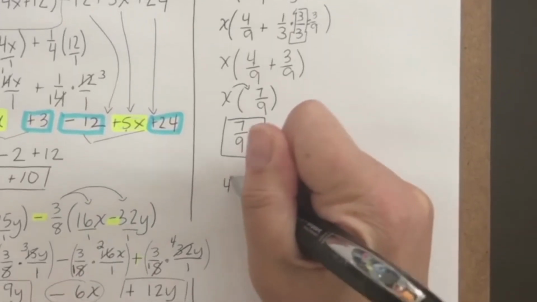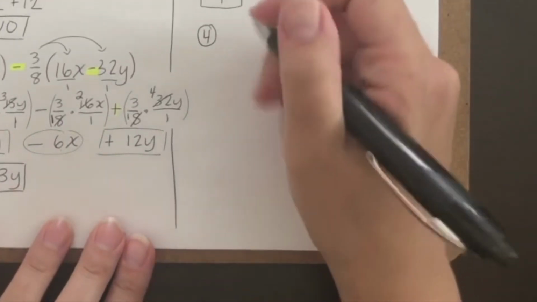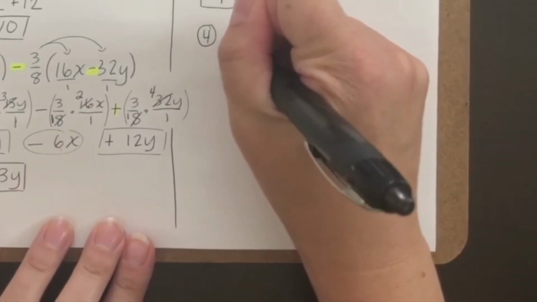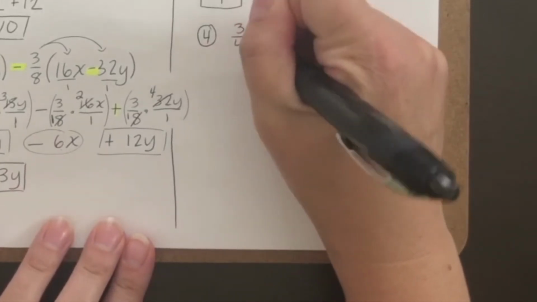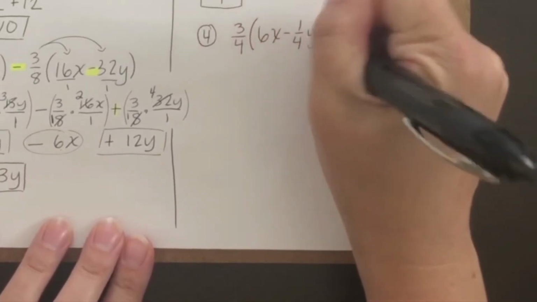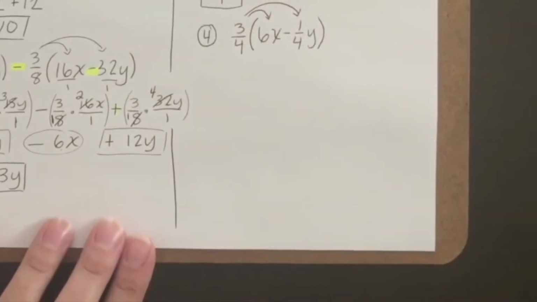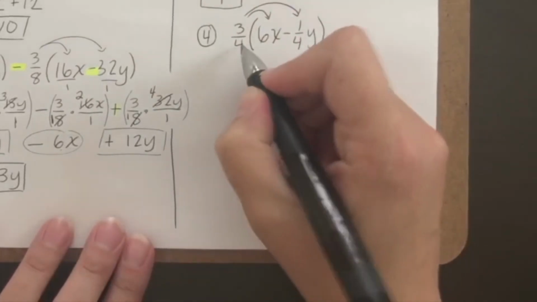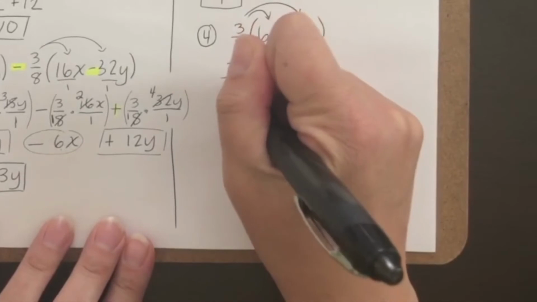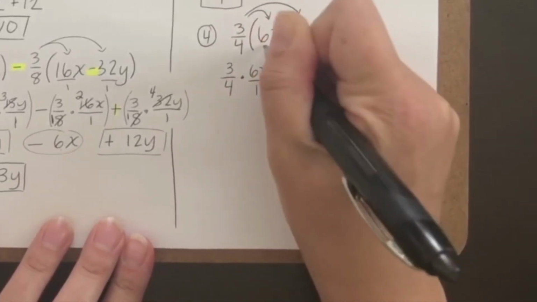Okay, number 4. Three-fourths times 6x minus 1/4 y. We're going to distribute. So 3/4 times 6x over 1.